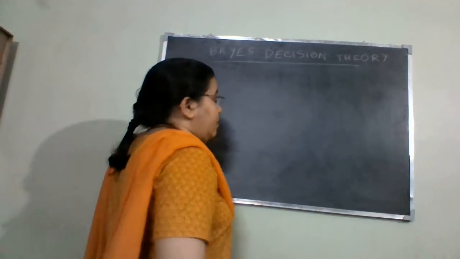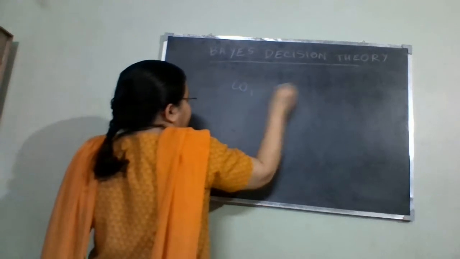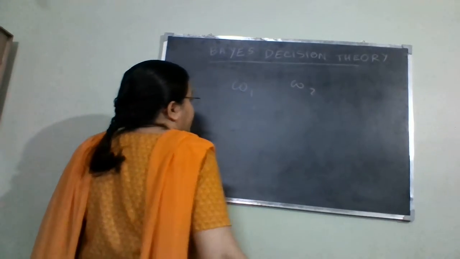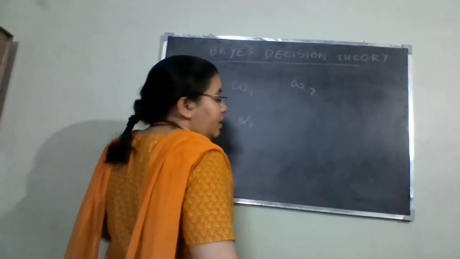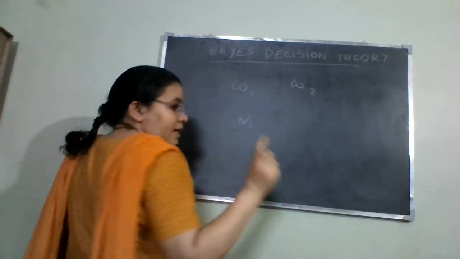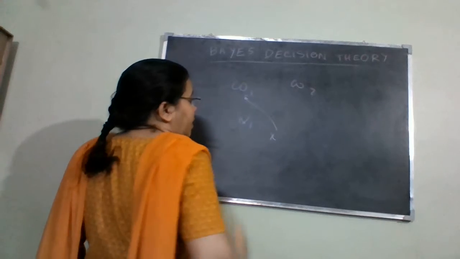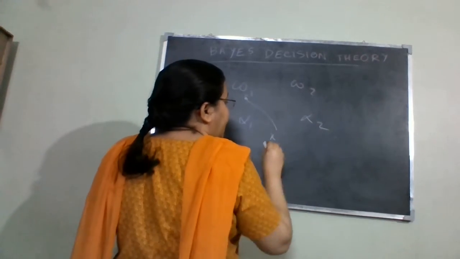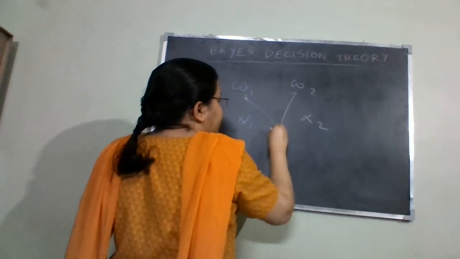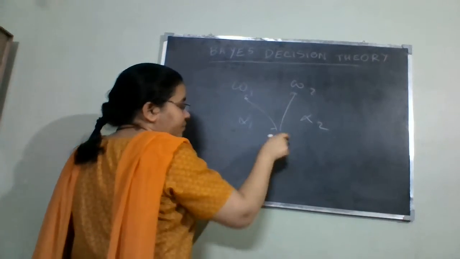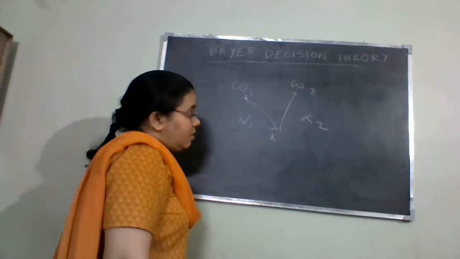So alpha 1 will talk about categorizing that particular feature x inside the omega 1 class, and alpha 2 means categorizing this particular feature x bar, where x bar means feature vector, inside the class omega 2.